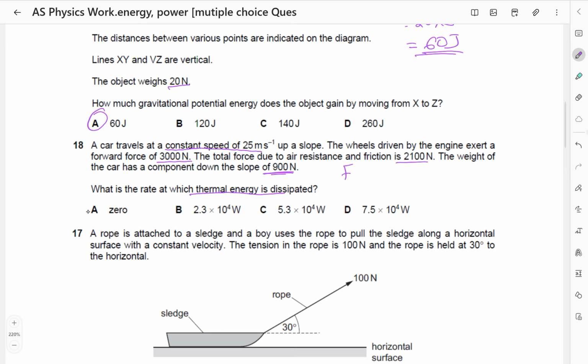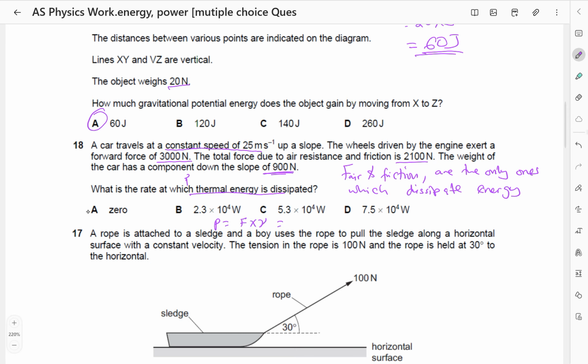So I'm saying force due to air resistance and friction are the only ones which dissipate energy as heat. So those are the only ones which are going to waste energy as thermal energy. So therefore, since we want the rate at which thermal energy is dissipated, that is power.